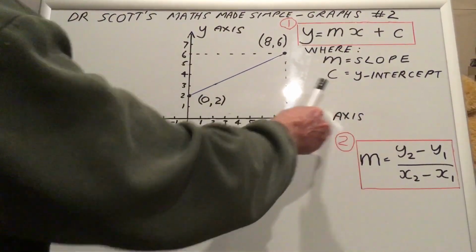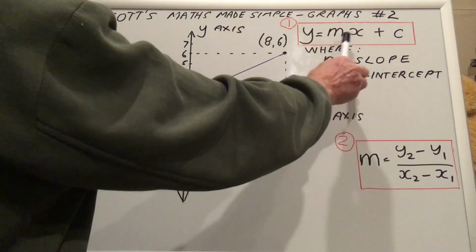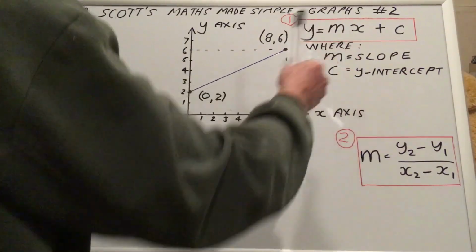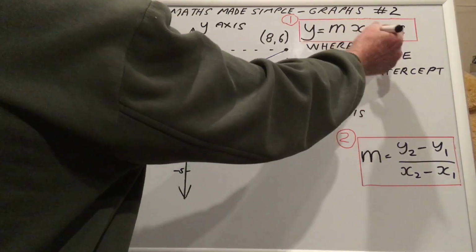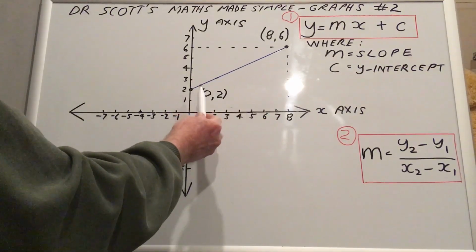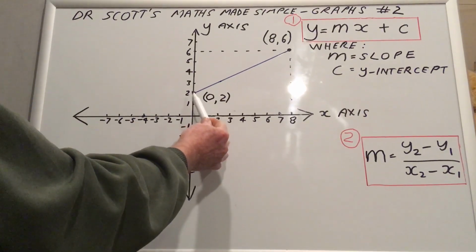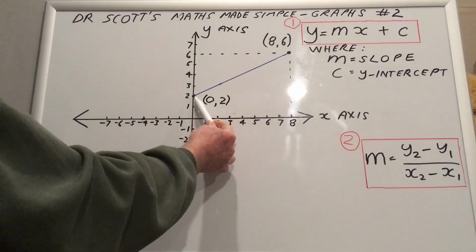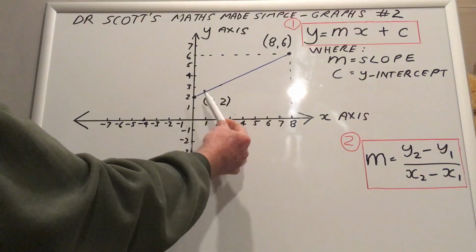c is the y-intercept, so y equals m times x plus c. c is where the straight line crosses the y-axis.